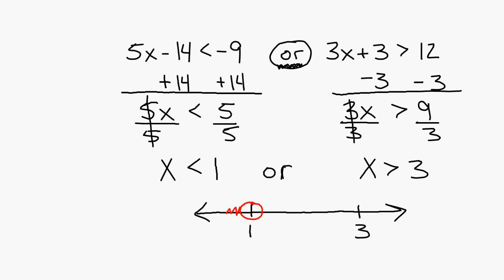And it's going less than 1. It's an open circle on the 3, and you're graphing greater than 3. Does anybody have any questions?